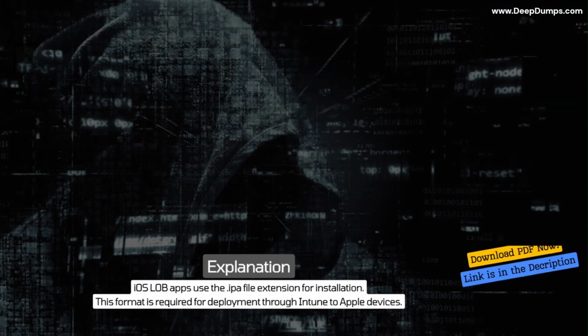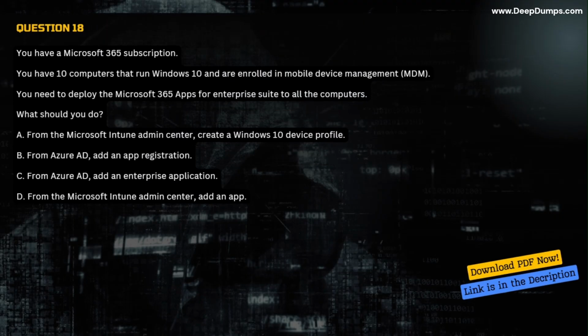Question 18. You have a Microsoft 365 subscription. You have 10 computers that run Windows 10 and are enrolled in Mobile Device Management (MDM). You need to deploy the Microsoft 365 Apps for Enterprise suite to all the computers. What should you do? A. From the Microsoft Intune admin center, create a Windows 10 device profile. B. From Azure AD, add an app registration.